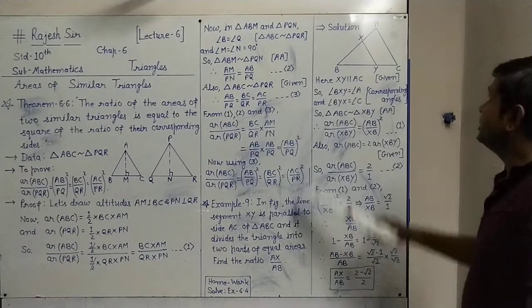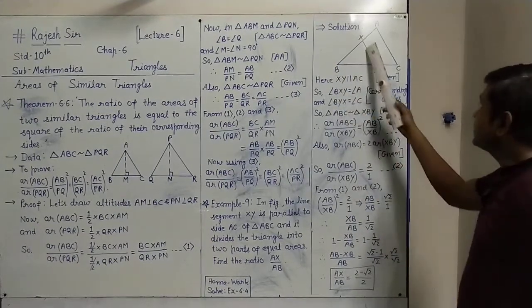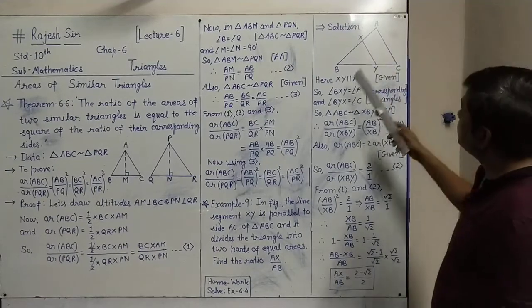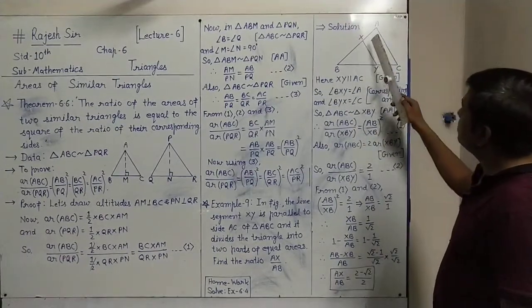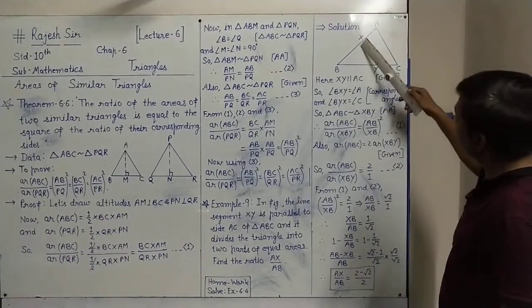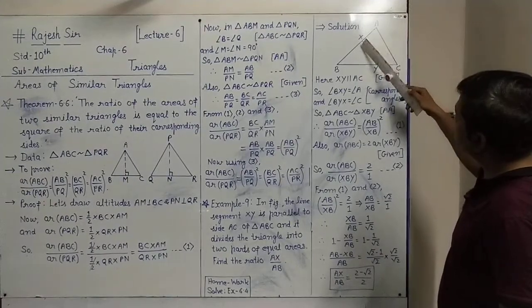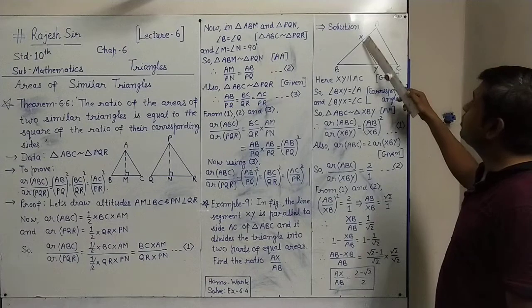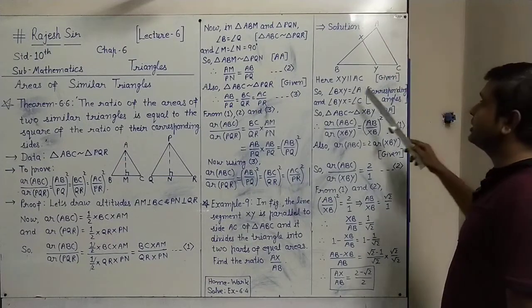Let's see the solution. Here XY parallel to AC is given. Because it is given, you can see angle BXY and angle A are corresponding angles, and corresponding angles are equal because these two lines are parallel.